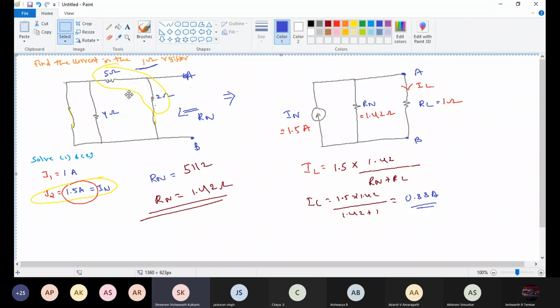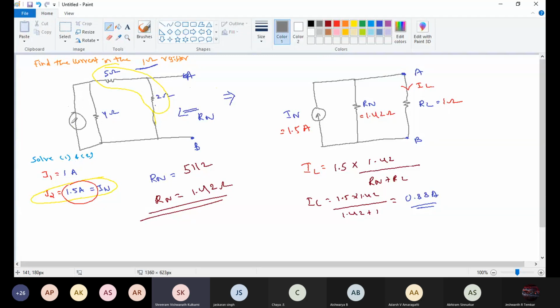If it is not short circuited, then we are going to consider this 4 ohm, all three resistances.